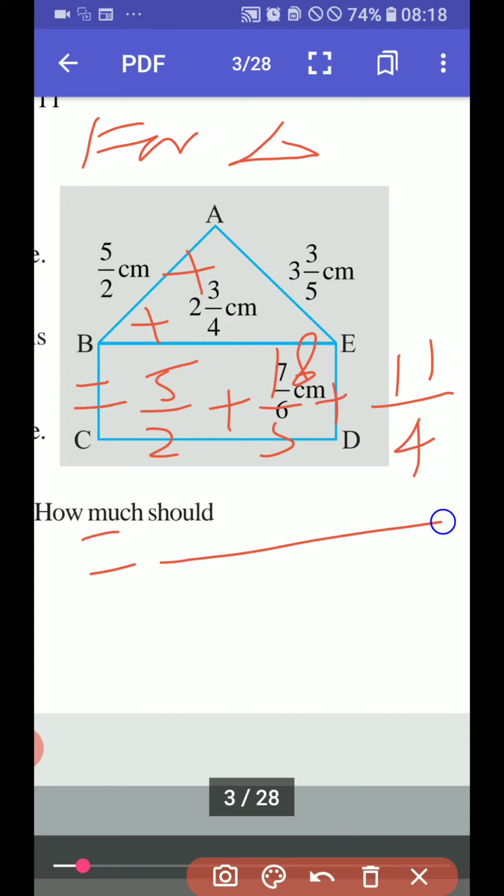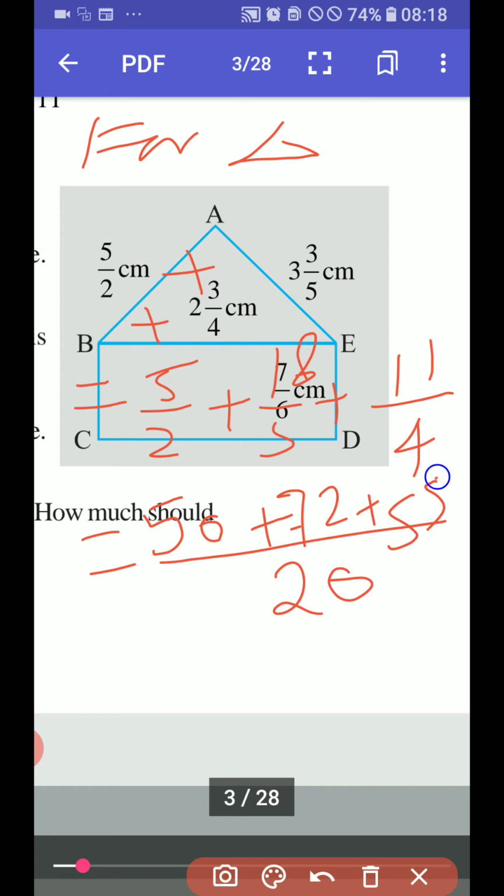Now I will make the denominators equal. 20 is divisible by 2, 5 and 4. 10 times 5 is 50, 18 times 4 is 72, and 11 times 5 is 55.